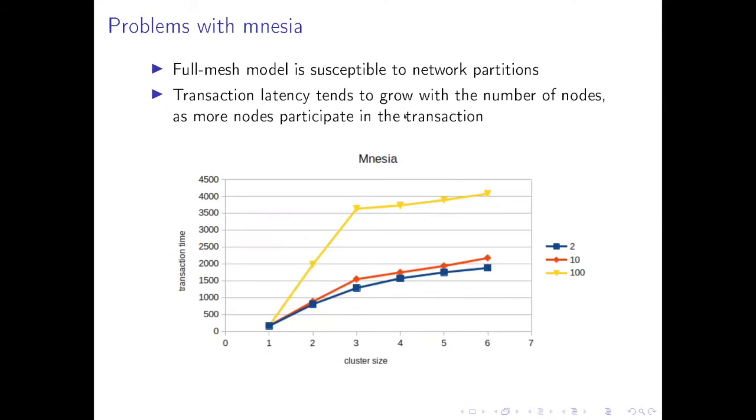And also transaction latency tends to grow with the number of nodes, because the amount of communication that has to be done also grows. In the last demo, I showed this small graph from the benchmark, which shows how transaction latency grows with the number of nodes. And yeah, clearly there is some tendency to grow.